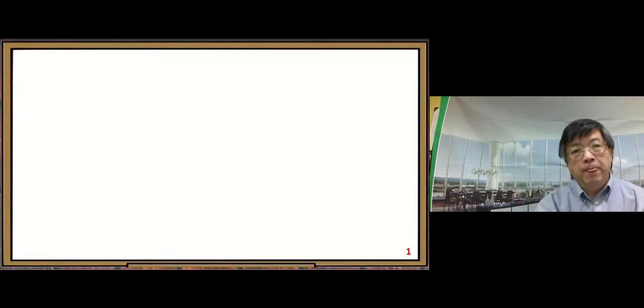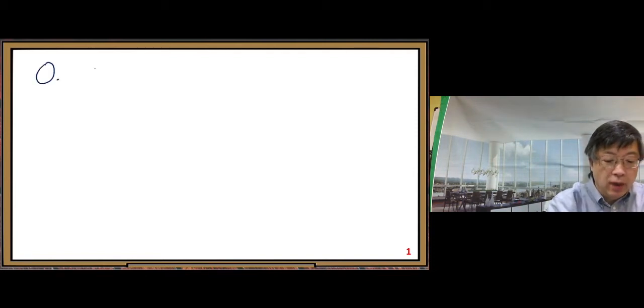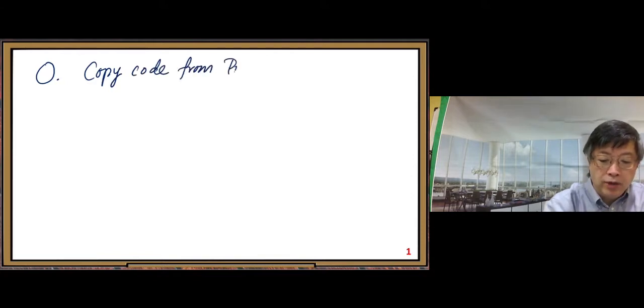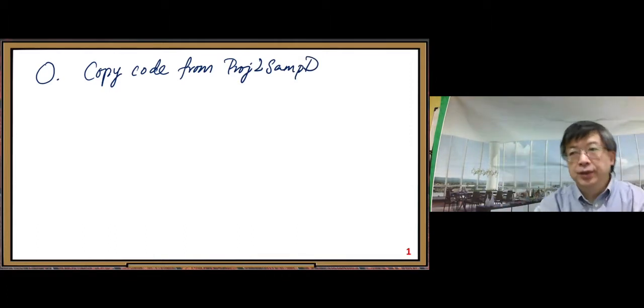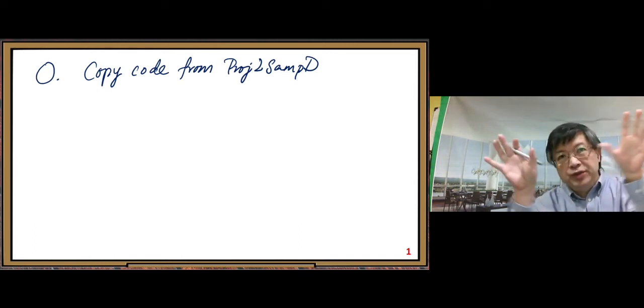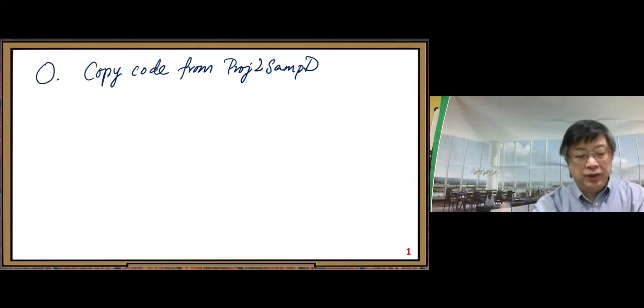In this video, our starting point is step 0, copy code from project 2 sample D. That's the closest one to project 2. Only 2 features we need to add into this one to get project 2.